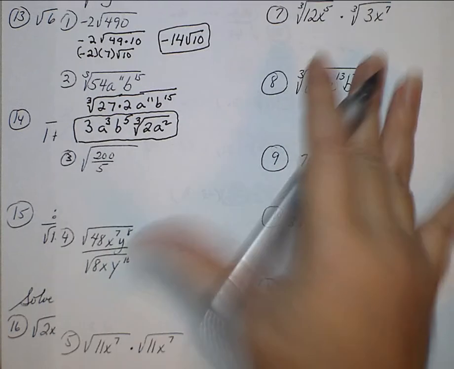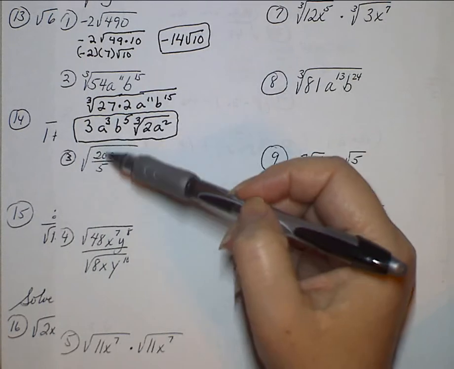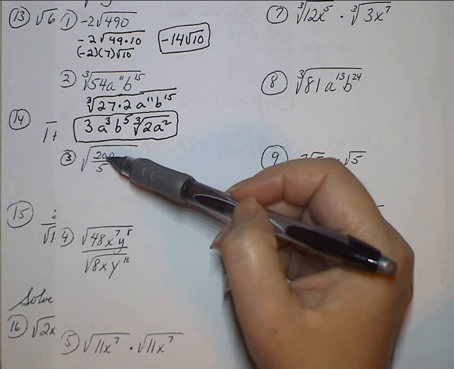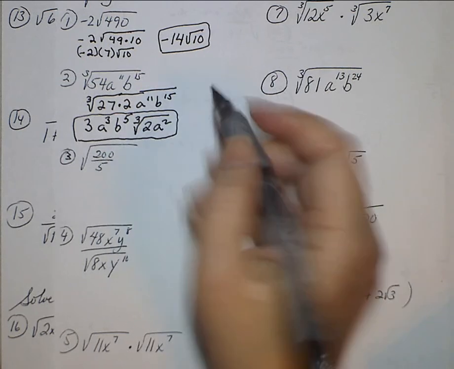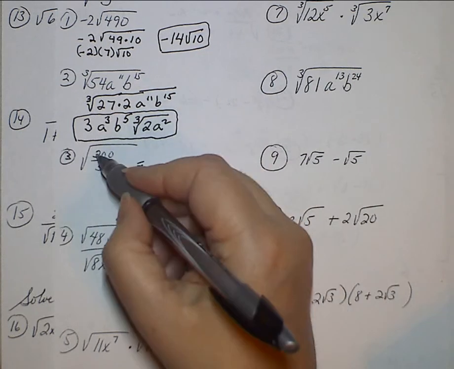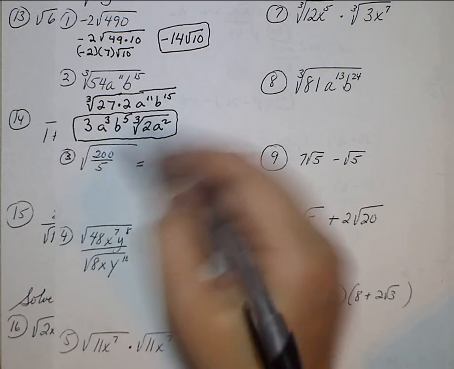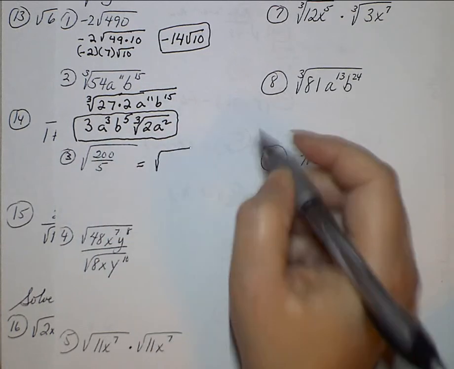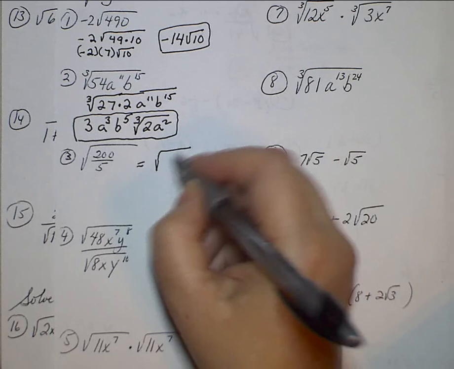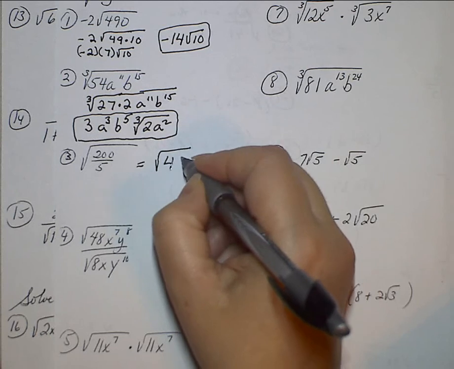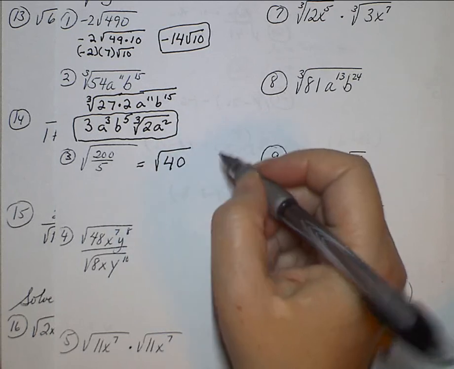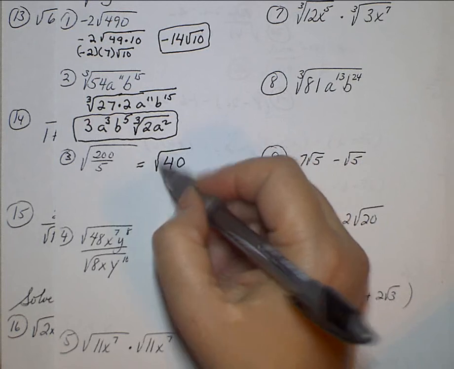Whenever you can reduce first, always reduce. So you have 200 divided by 5. Go in your calculator, 200 divided by 5. Hopefully you got 40. So what perfect goes into 40?